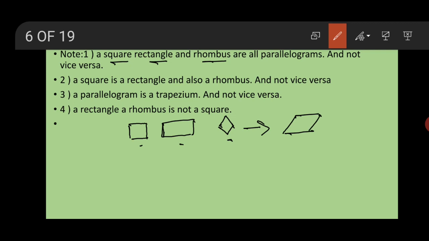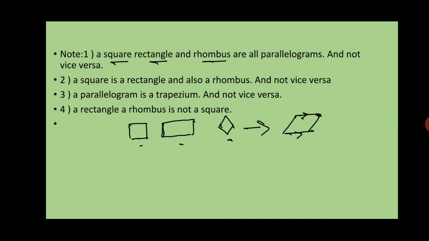Why they are parallelograms? Because what is the property of a parallelogram? Opposite sides are equal and parallel. Yes. Does the property hold good here in a square? Yes. Opposite sides are equal. See here, opposite sides are equal and also parallel. And here, opposite angles are equal.